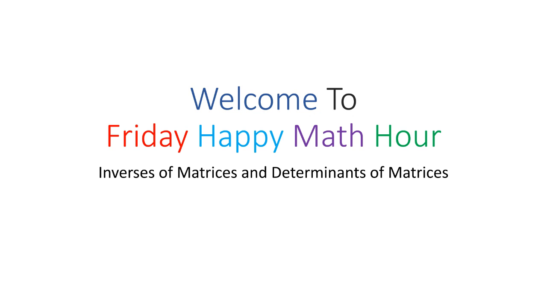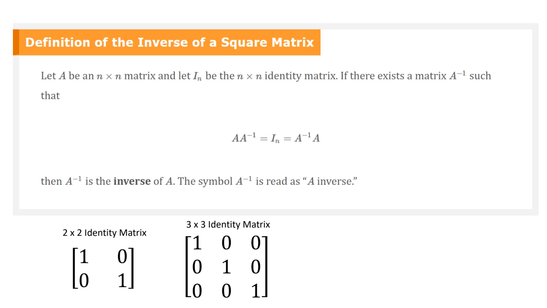But let's go ahead and get started. At any time, if you have any questions, please let me know, and I will address them as we go on. So first, we want to talk about what is an inverse. An inverse can occur only if you have a square matrix. A square matrix means that it has the same number of rows and the same number of columns.